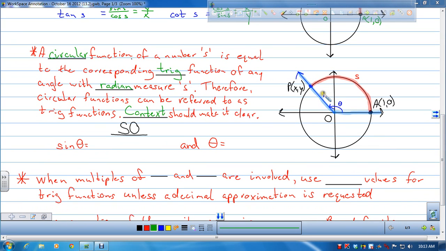If you take a look at this drawing over here, we've got our point 1, 0, and we've got our arc s, which is the number we're talking about. That number is going to be the same as theta radians right here, because you find this value using theta and my radius. If my radius is 1, then both theta and s are going to be the same. So let's look here. Sine is equal to y over r.